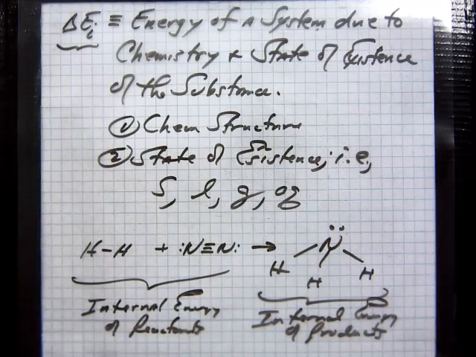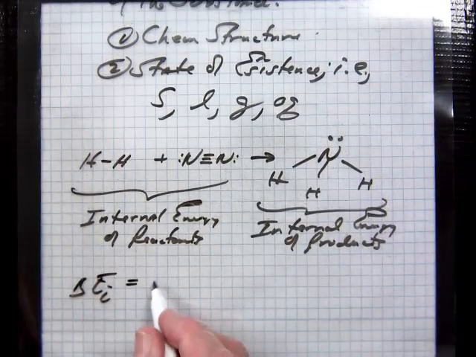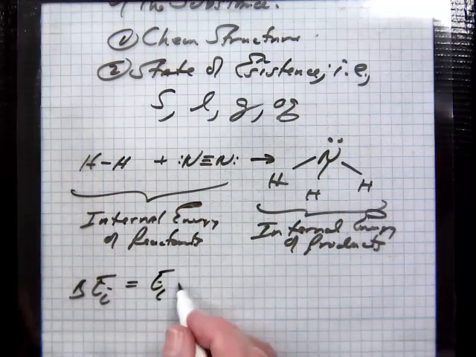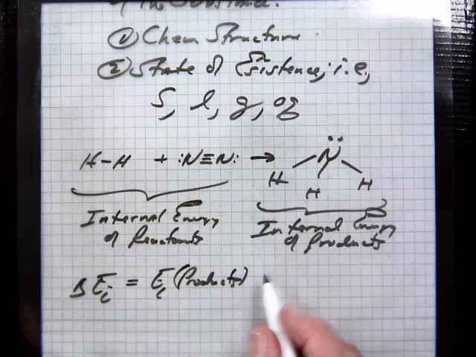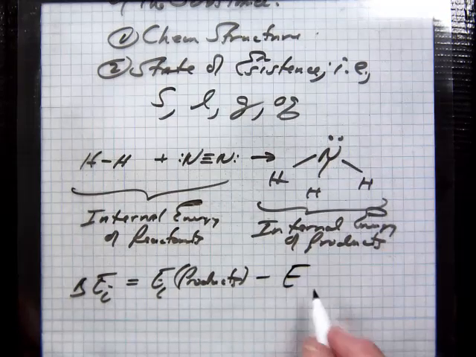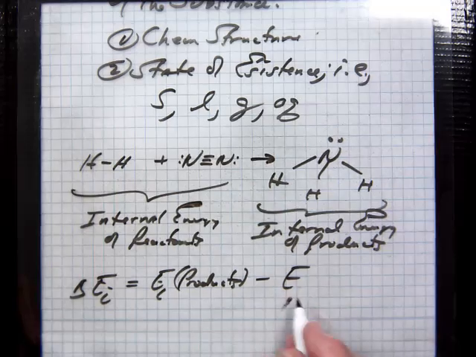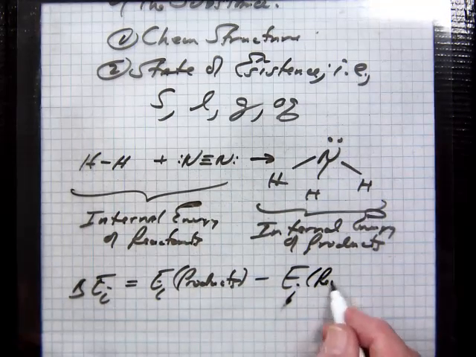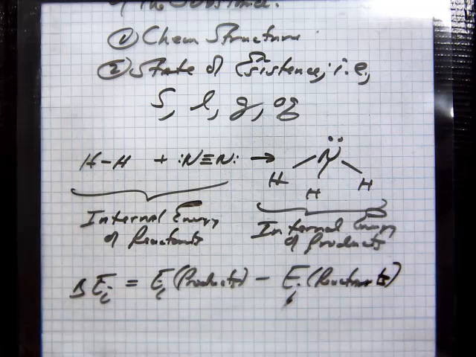So a change in EI is equal to internal energy of the products, whatever they are, minus reactants, internal energy. And I will show you how to get that.